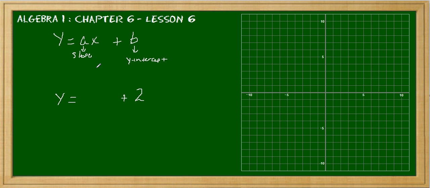So if we went up 1, 2, up to 5, and over 1, we would find that our slope is 2 because it's rising 2 and over 1. And we know that 2 over 1 is equal to 2. So in this case, our slope would be 2.